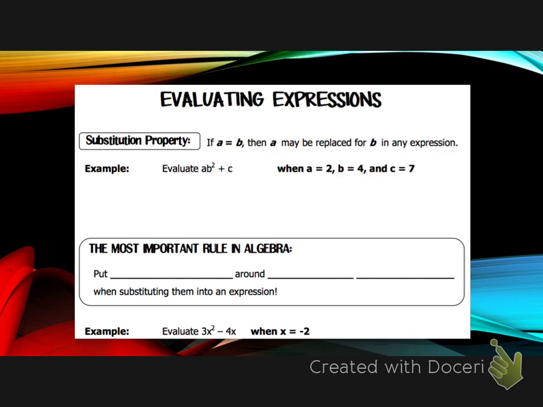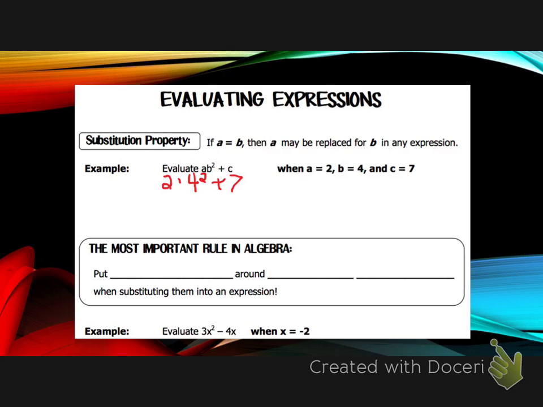If A is 2, I'm just going to rewrite that as a 2. And B, we're told, is 4, so that's going to be 4 squared. Plus my C, which is 7.